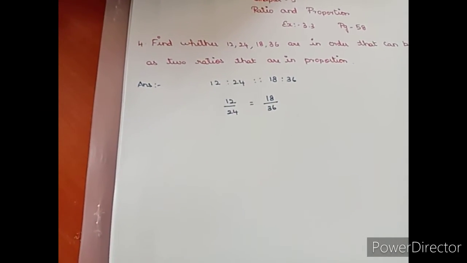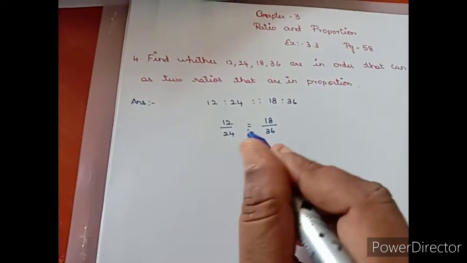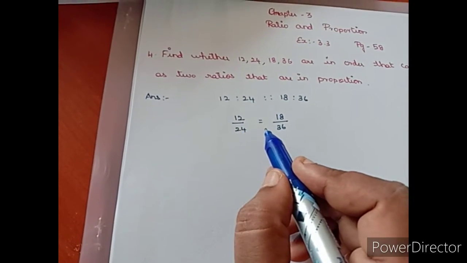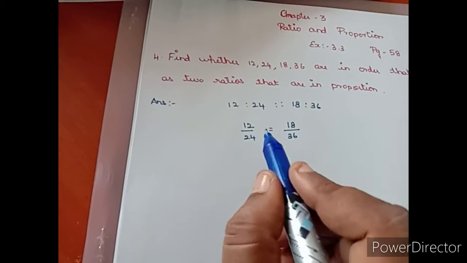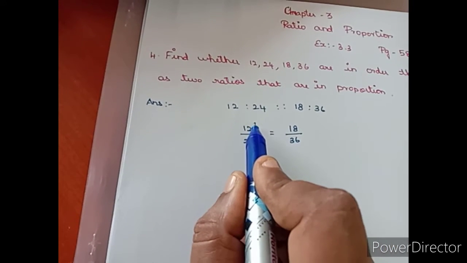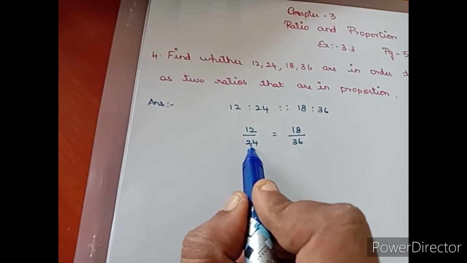Okay, see here, it comes under the 3 table, either in the 3 table or in the 2 table you can see. 12 into 1 is 12, 12 twos are 24.